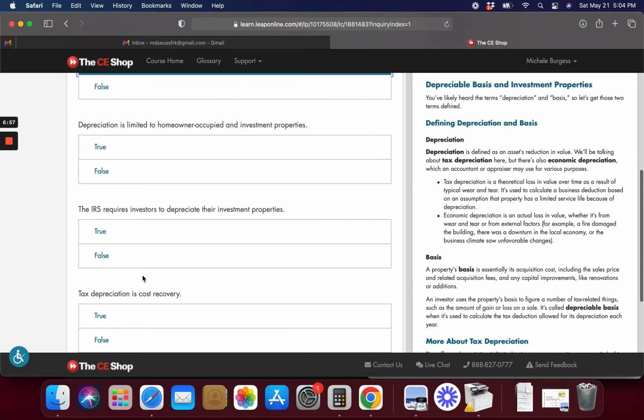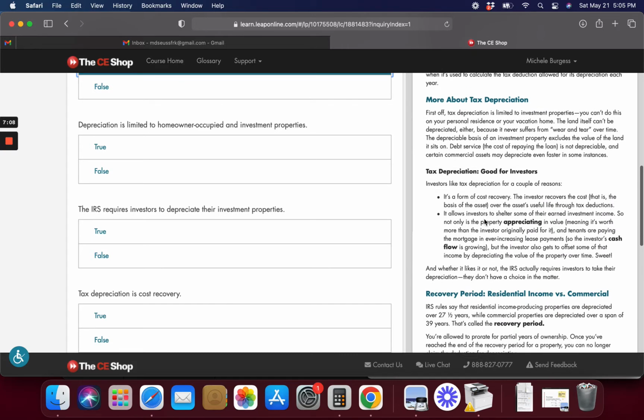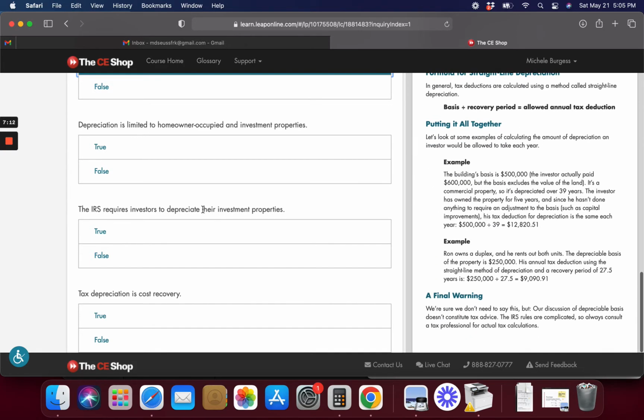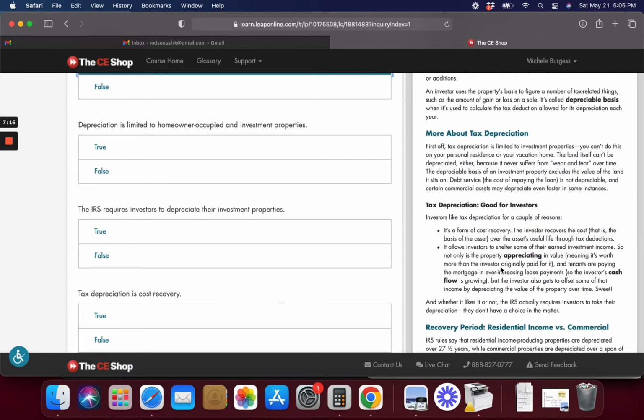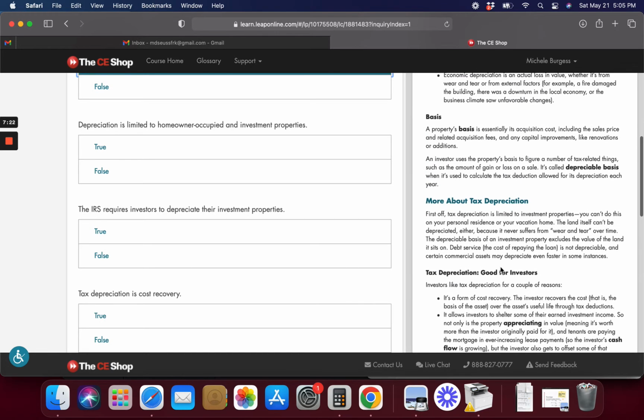Maybe, I don't know. All right, depreciation is limited to investment property and homeowner occupied. I don't see anything on it.